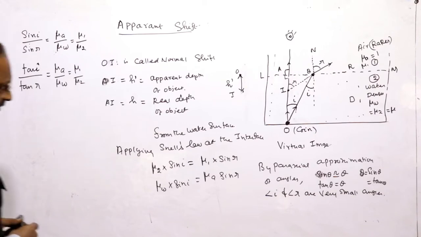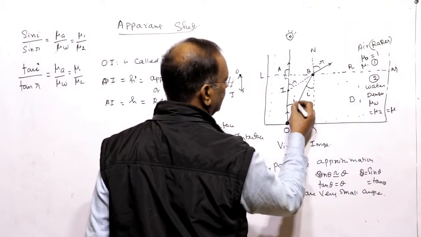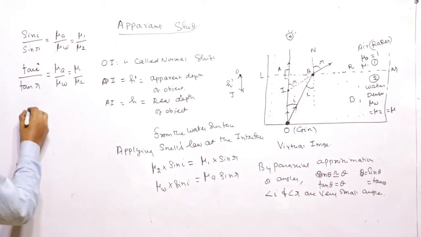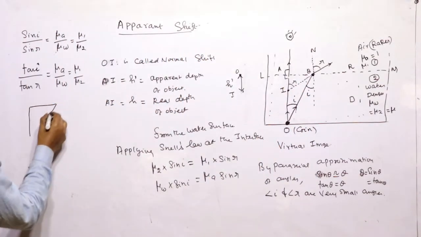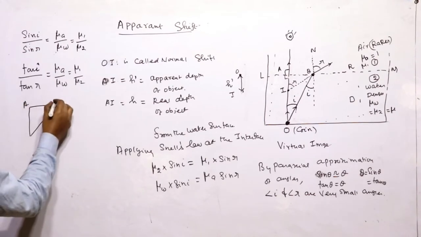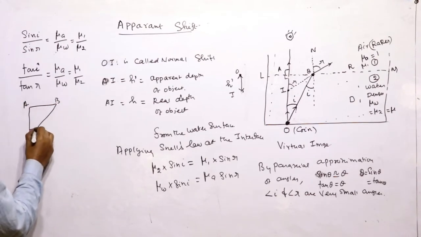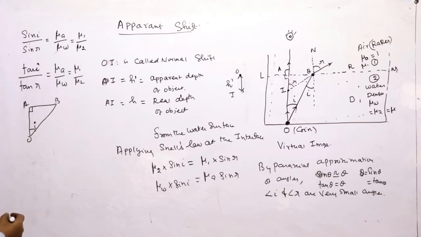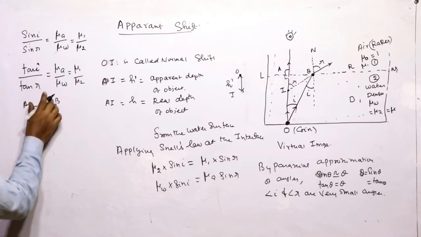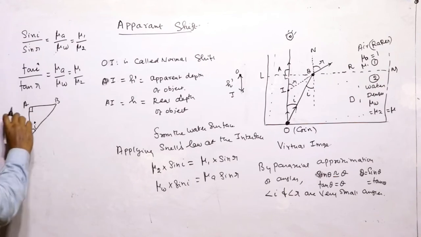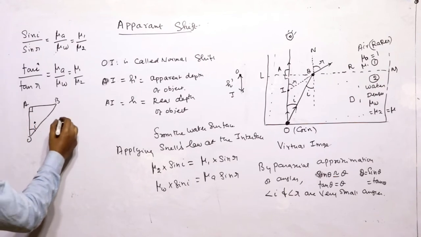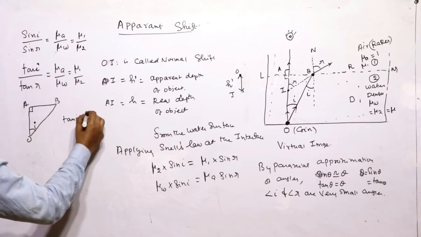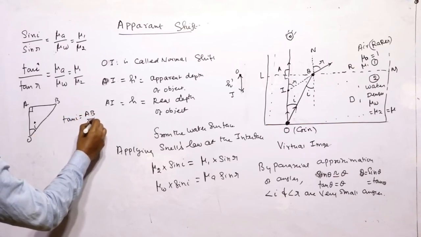So what is tan I from this triangle? The angle I is included in triangle ABO, where this is I and this is 90 degrees. Tan is equal to opposite side by base, that is tan of I is equal to AB by AO.